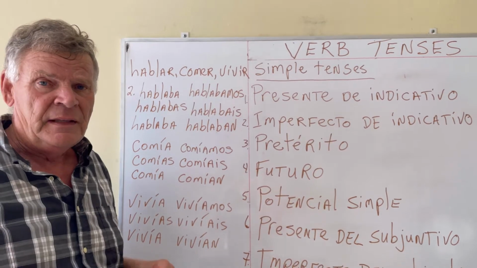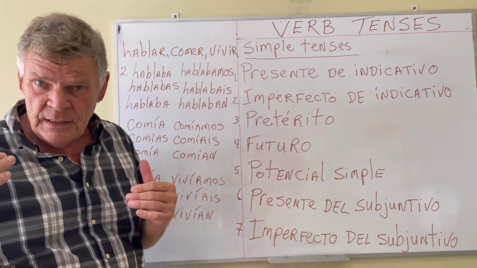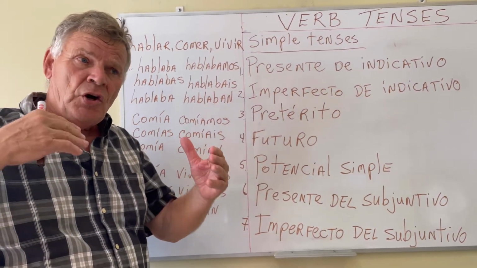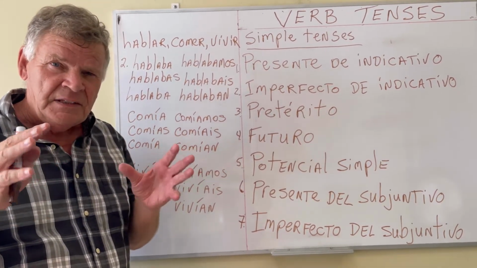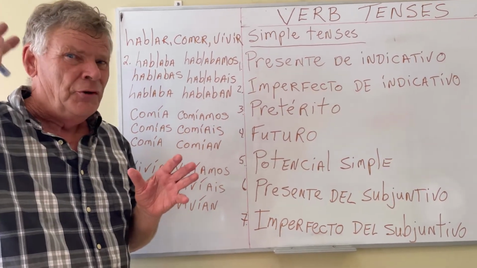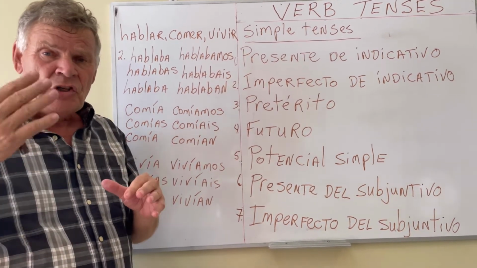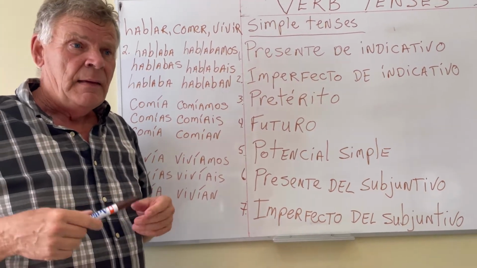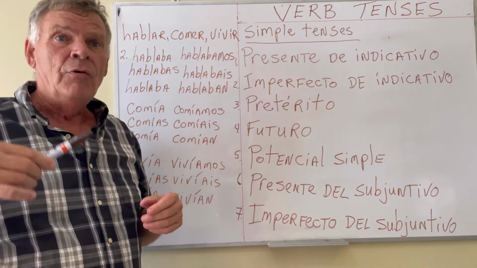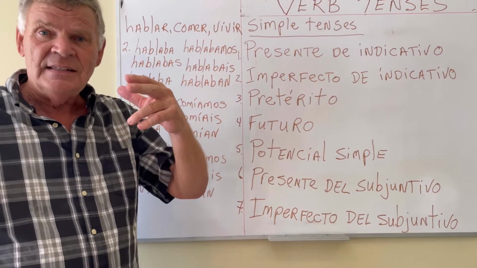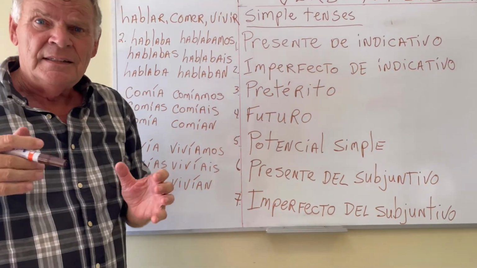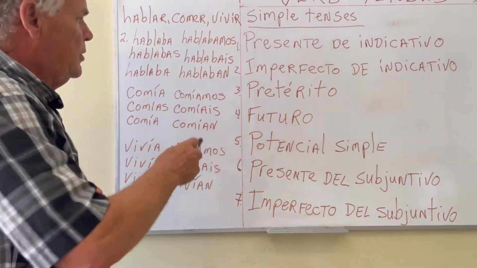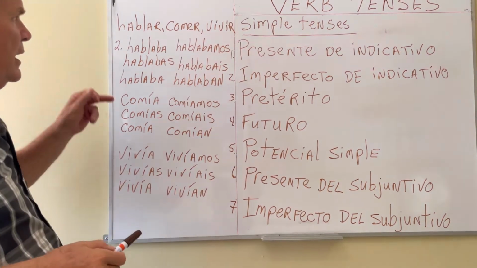Okay, now we have the imperfecto de indicativo, the imperfect indicative. What is imperfect? Imperfect is a past tense, but it's a past that was ongoing, okay? We're going to delve into this more deeply later, some other day. But it's a past that was ongoing. For example, instead of saying, I went, you were saying, I was going, okay? It's a past, but it's not finite, it's ongoing, all right? So the imperfect of the indicative.